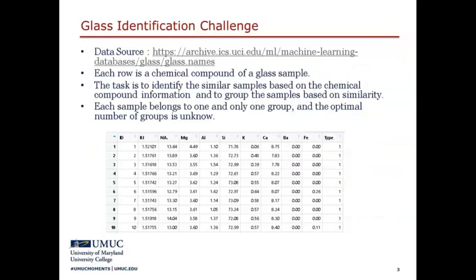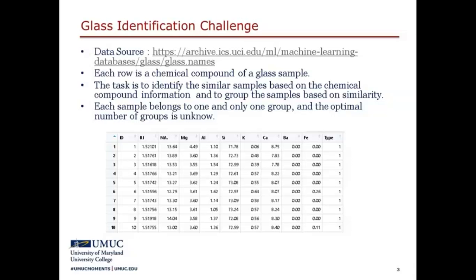This is what we're going to do. This is a data set that we'll look at. This is the source, and the data contains information on the chemical compound of the glass samples. Our task is to find similar glass samples and to combine them. Based on the chemical compound, we're going to identify the groups of similar glass samples.